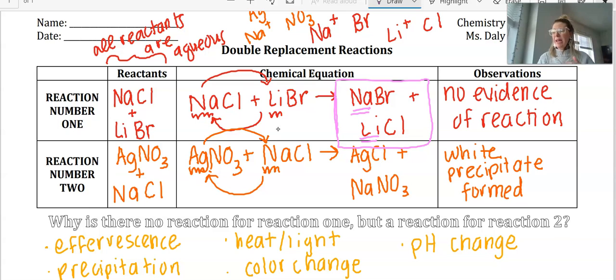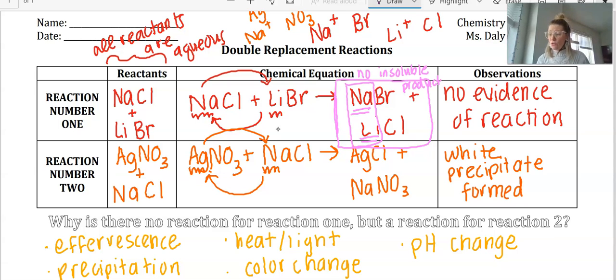Remember, in order for a double replacement reaction to occur, one of our 2 products has to be insoluble. But if both of our 2 products contain group 1 ions, then it's going to be soluble. So there is no insoluble product in this reaction.